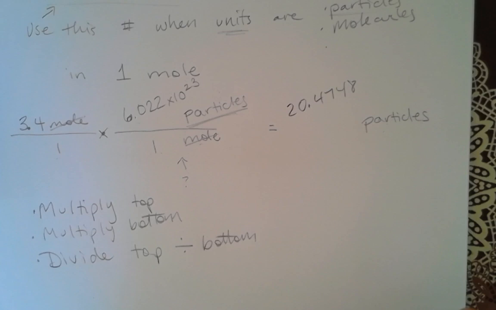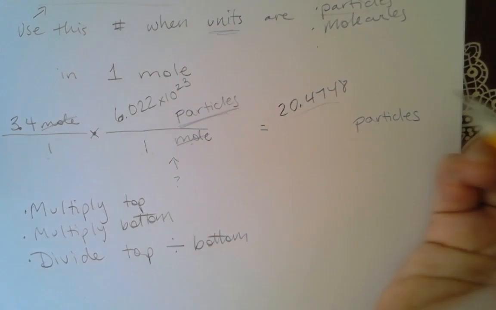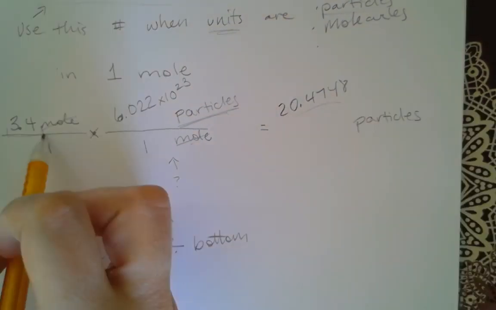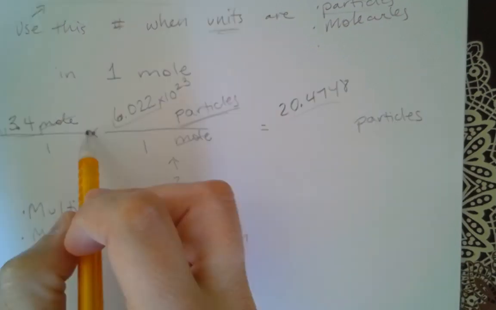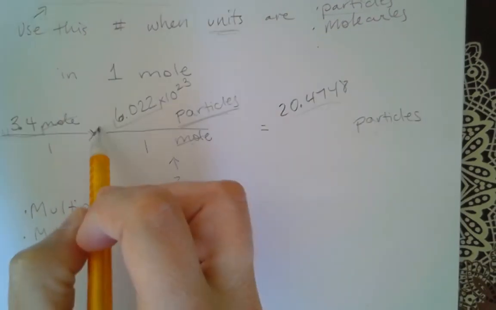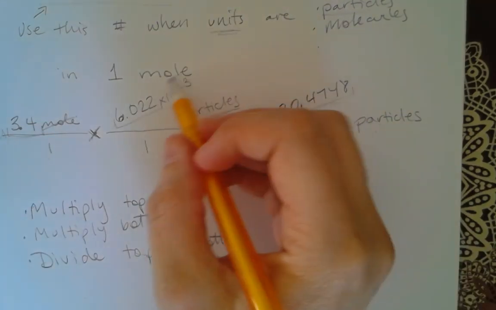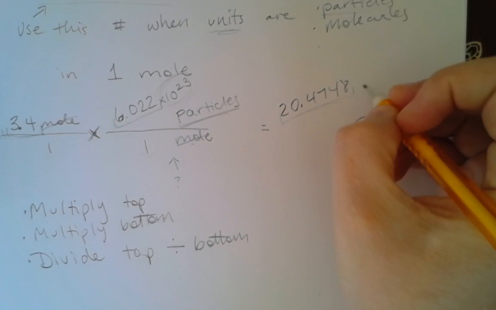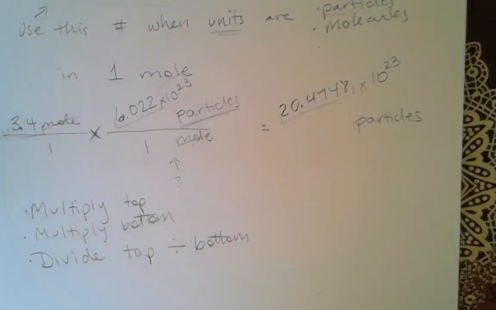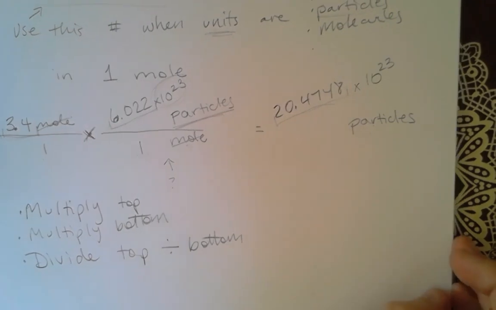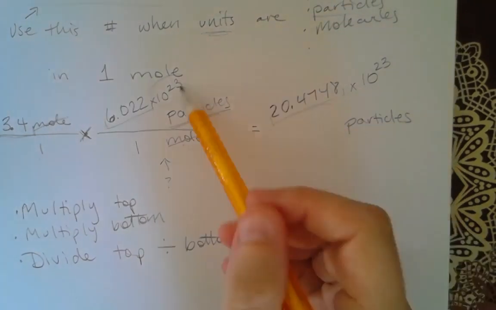Okay, so that's your calculator number. You took these two base numbers and multiplied them together, and get that as your base number. And there's that times 10 to the 23. The times 10 to the 23 just came along with it.